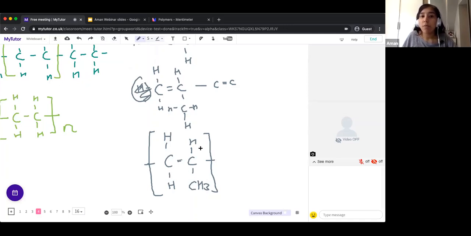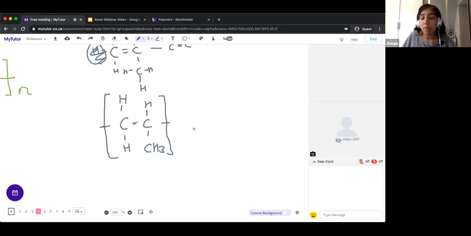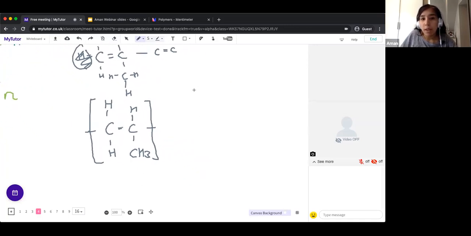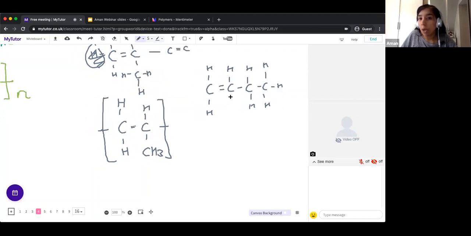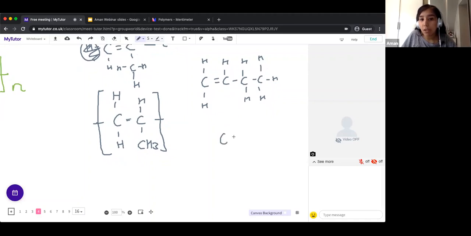So if I do the same for butene, which would be polybutene now, again, butene has a double bond and then it's got 2 carbons, like so. And again, when we add on monomers for butene, it wants to add on to the double bond. So essentially what we need to do is we need to move this down below. So again, the repeating unit, if you imagine this is the double bond here, I've just broken it, are 2 hydrogens from the first carbon.